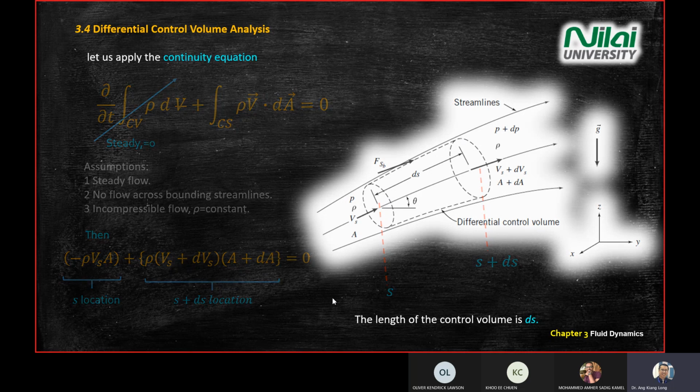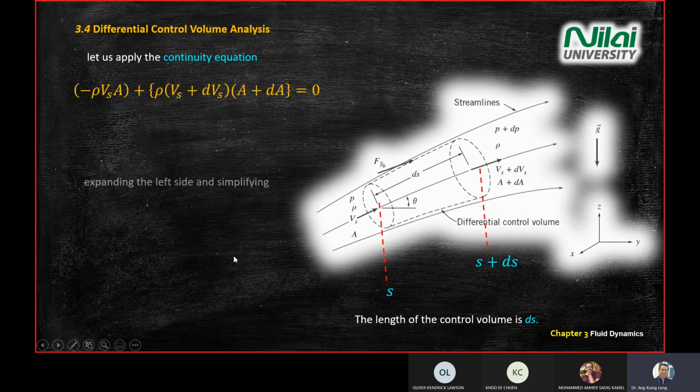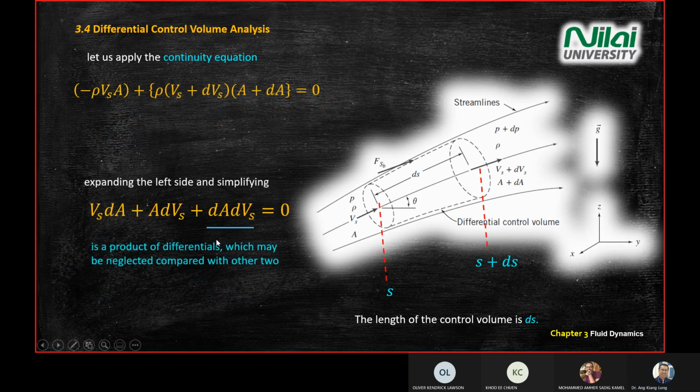The next one is just expansion of the equation, and then we simplify it. When you multiply the products inside there, you multiply rho V, rho plus rho dV, and then multiply rho into A, then you simplify the equation.